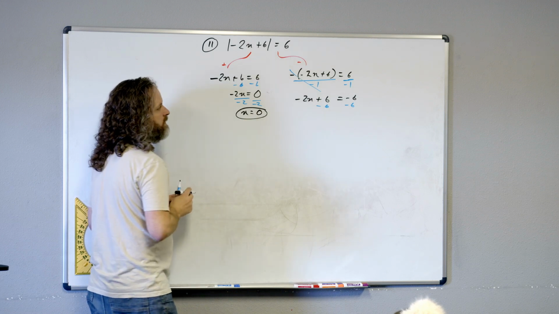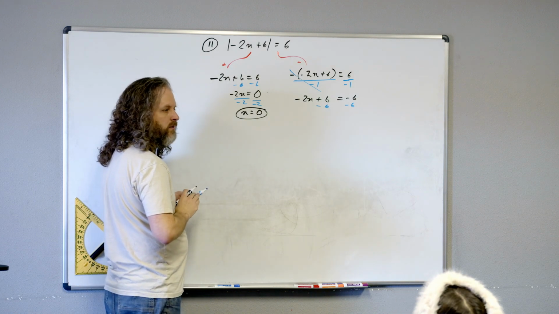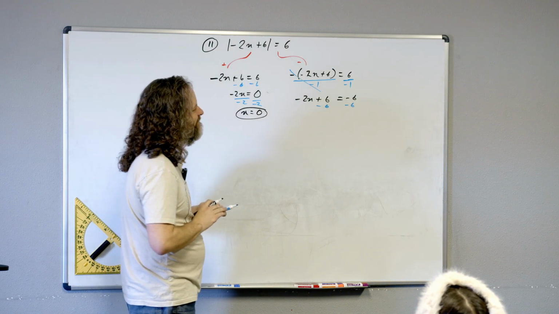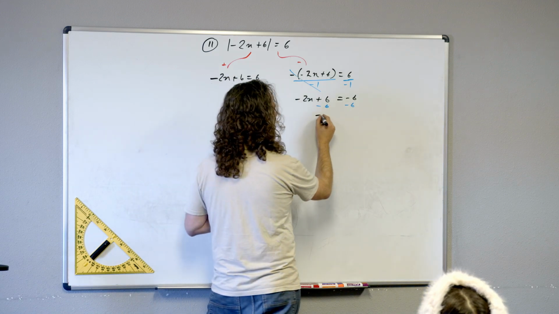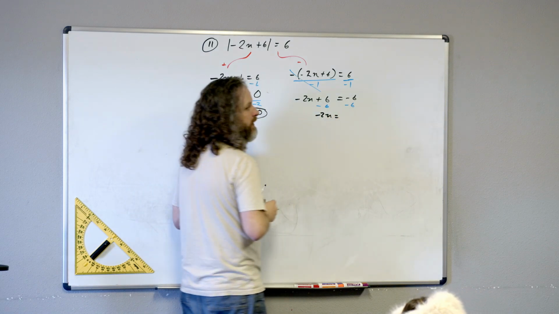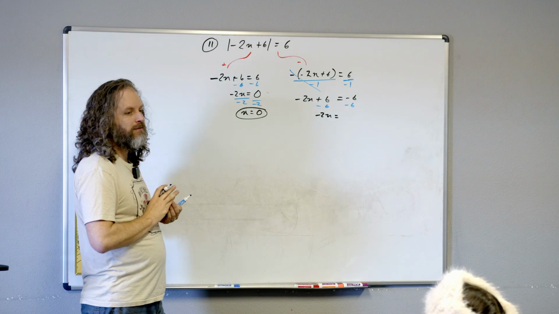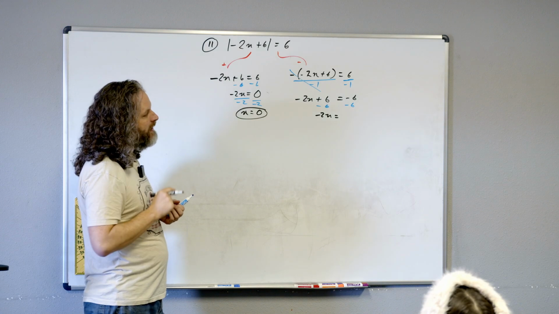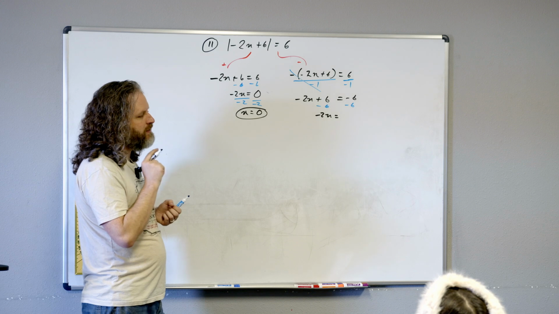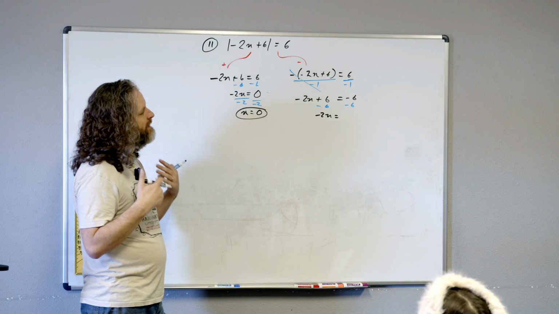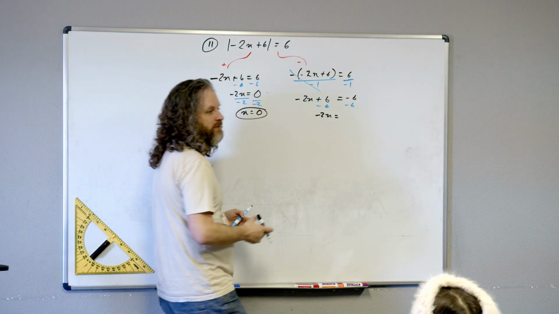No. Negative 2n equals what? Negative 1? No. Because we add and keep the sign, so negative 6 plus negative 6, so they're the same, right? So negative 12, right?